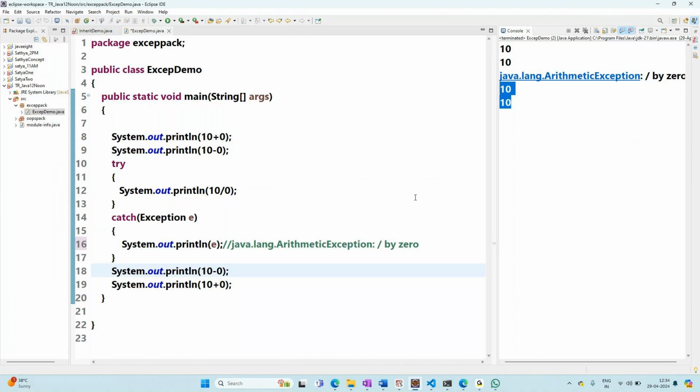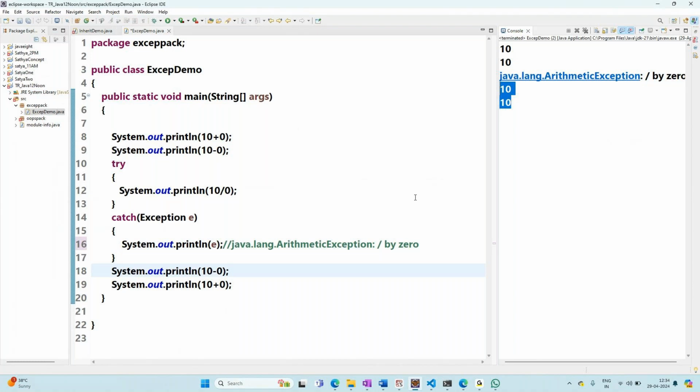And what is the next style? The next style is going to be e.printStackTrace(). So when you run it, you get java.lang.ArithmeticException: / by zero.